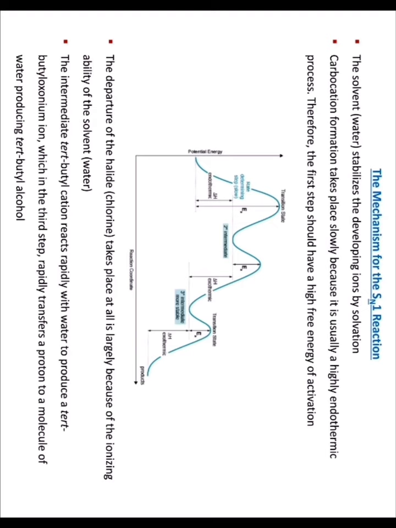So it's endothermic, needing a lot of free energy of activation to make the chlorine take the lone pair and leave. In comparison, for the second step, if you look in the middle, the peak needs less energy to form the butyloxonium ion, and this ion can go much faster to the desired product in the third step to form tert-butyl alcohol.